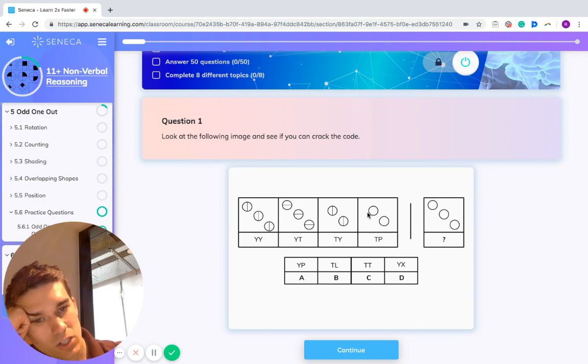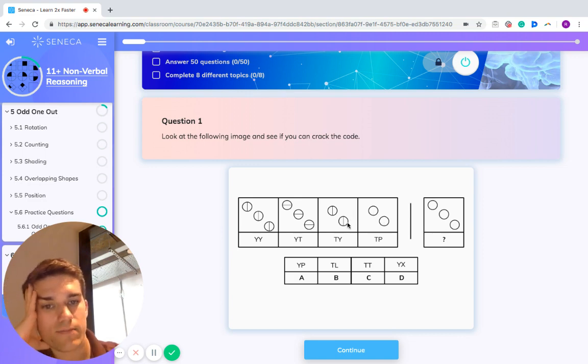So I think if you've got 2, it starts with a T. If you've got lines that go vertically, then the second letter is a Y. If we've got empty ones, I think the second letter is a P. Oh no, sorry, empty letters, the second letter is a P. So if we've got 3 circles, that means that Y is the first letter.